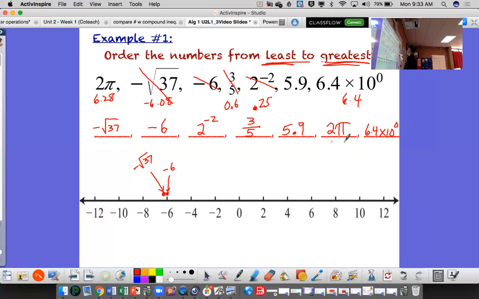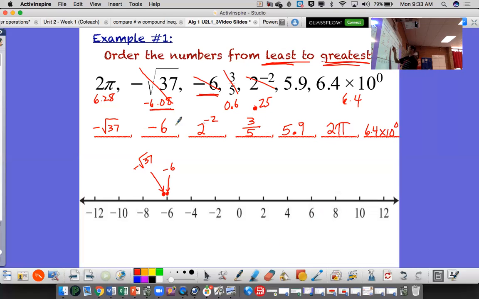The most common mistake is in a couple of different places, sometimes messing up these negatives. Remember, this is definitely a bigger negative than this. The bigger the negative, the smaller the number. The more to the left of 0, the smaller the number.